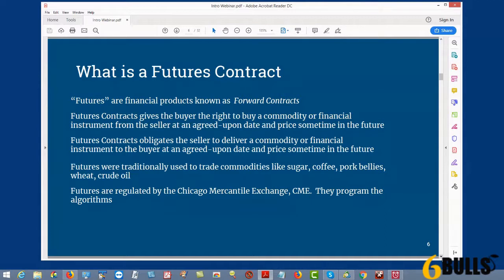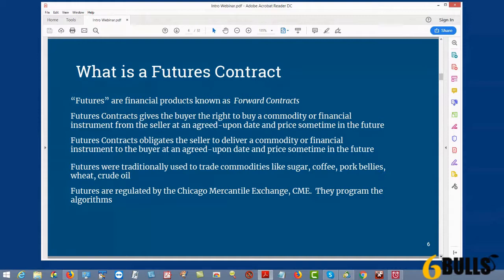So traditionally, these futures were really set up for commodities. The example I like to give is, say, for example, that you're a bread manufacturer. And being a bread manufacturer, you need a certain amount of wheat every year to make your bread.